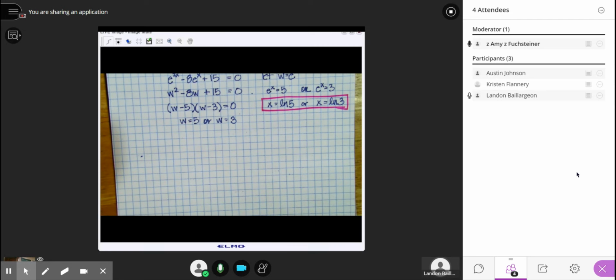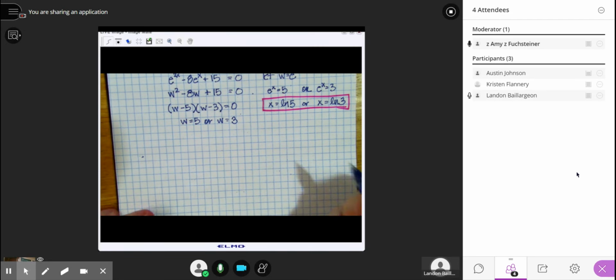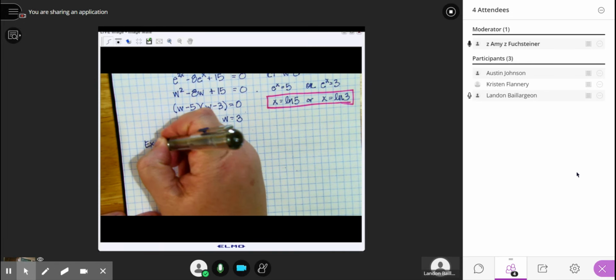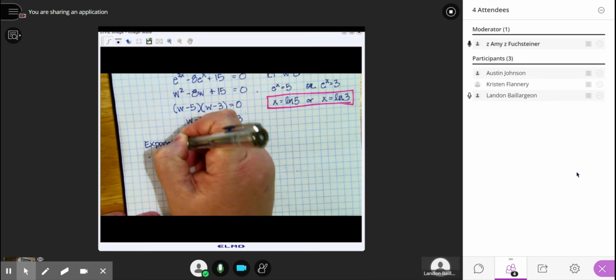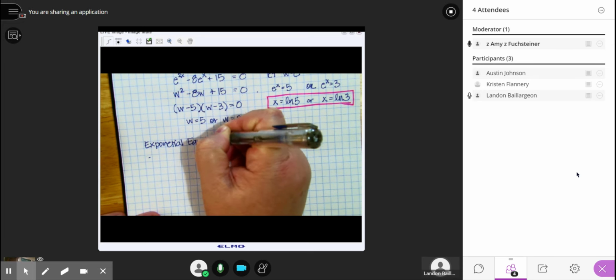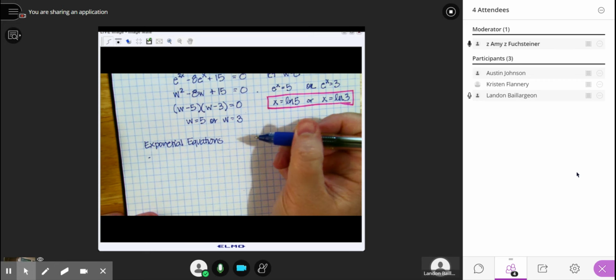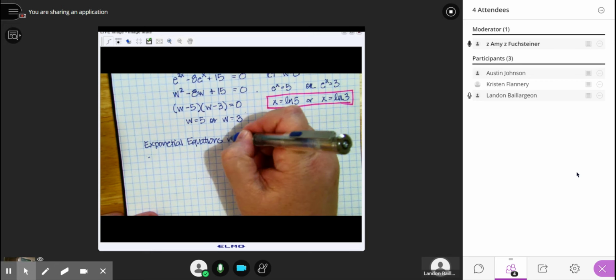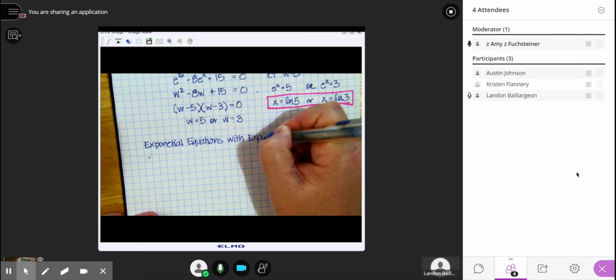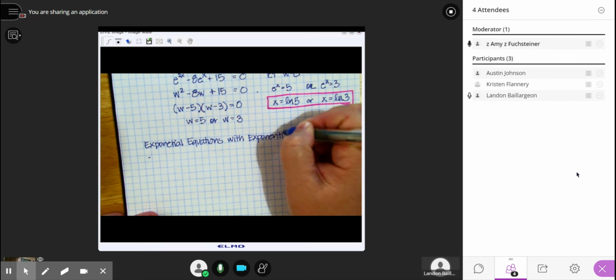The second type I didn't get to yesterday was, again, exponential equations, but this time with exponential functions.